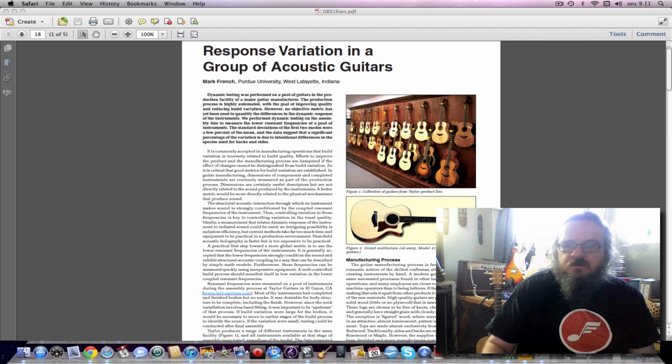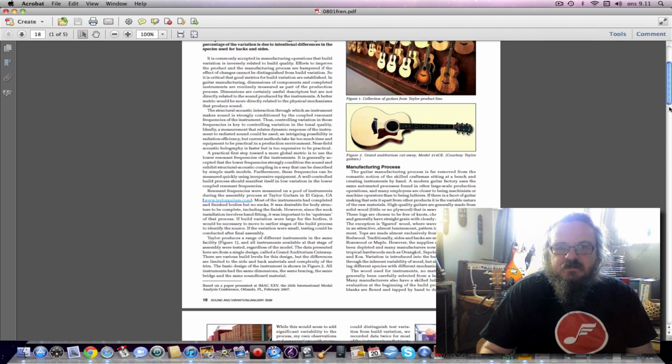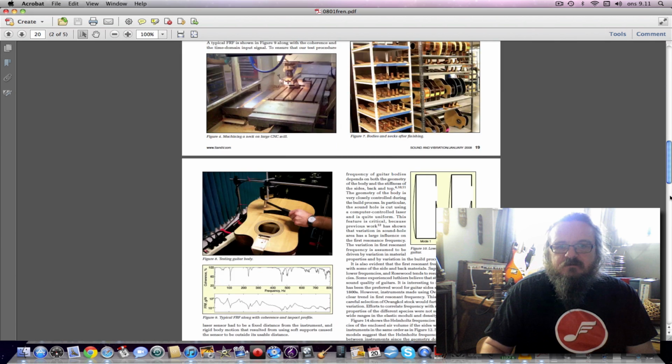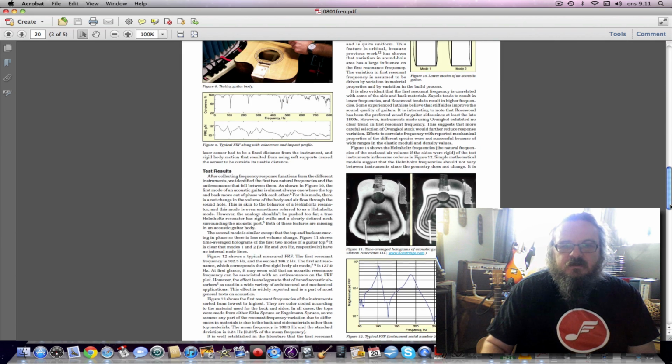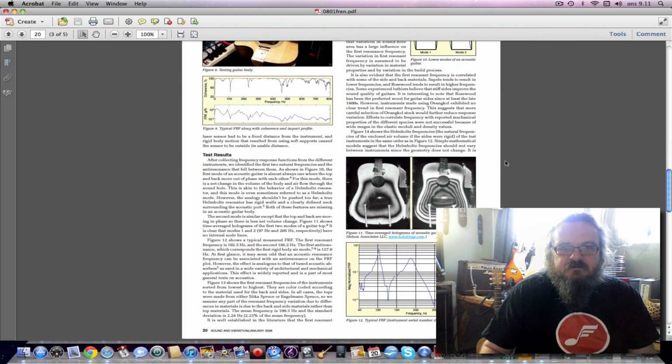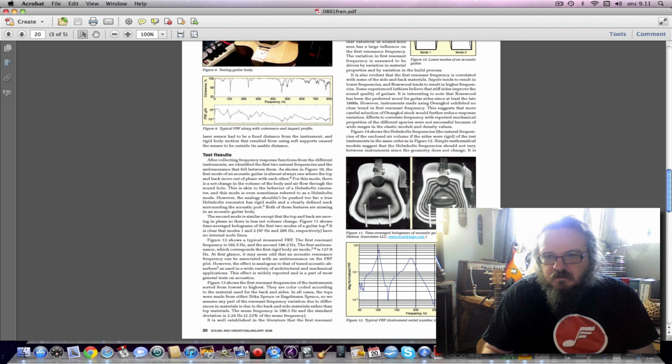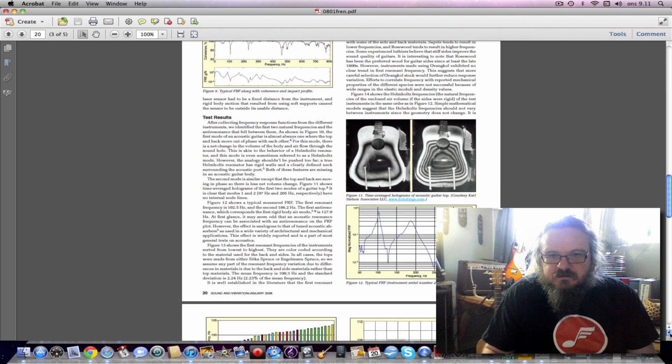And then with the curves that are coming up, I refer you to the results section of this article. These are the curves of the initial frequency response. That's the first frequency response.